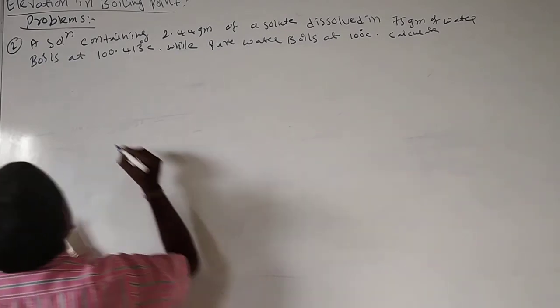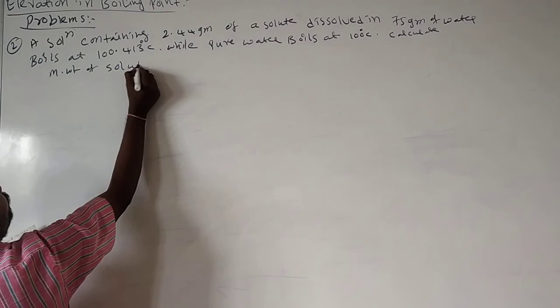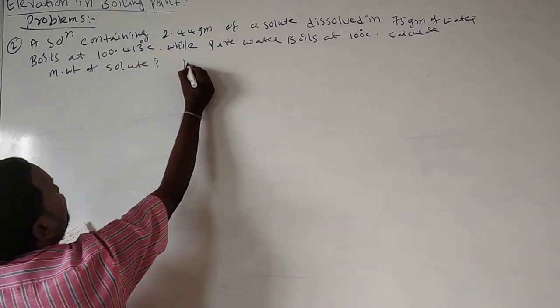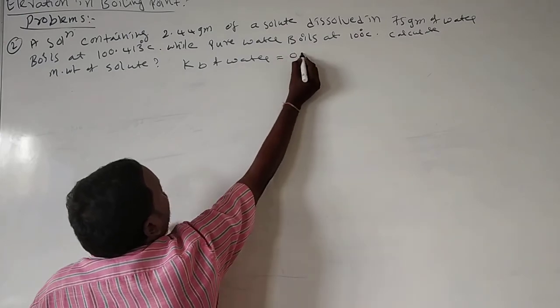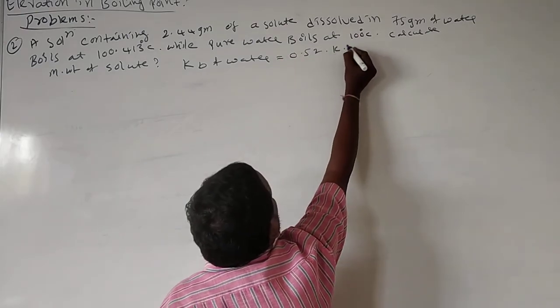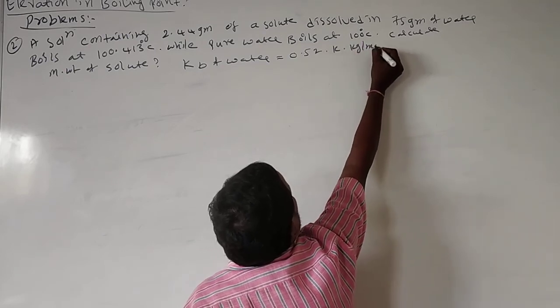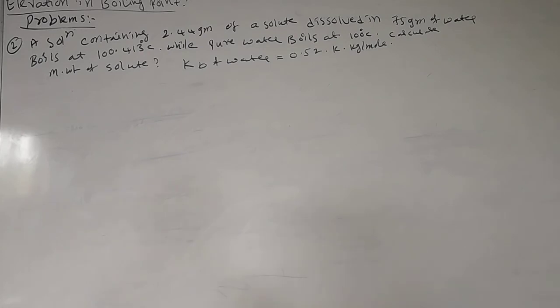Calculate the molecular weight of the solute. Kb of water is equal to 0.52 Kelvin kg per mole. Okay, this is the problem.